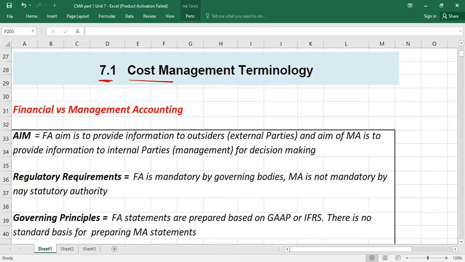Cost accounting is going to be part of management accounting. So sometimes the question is very simple and straightforward. They will ask you what is the difference between financial accounting and management accounting. Although we covered this difference in the first section, here I'm just quickly reviewing it again because there are some questions relevant to this topic in this chapter.